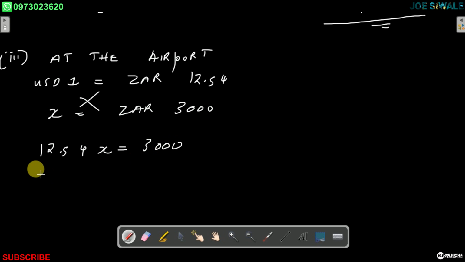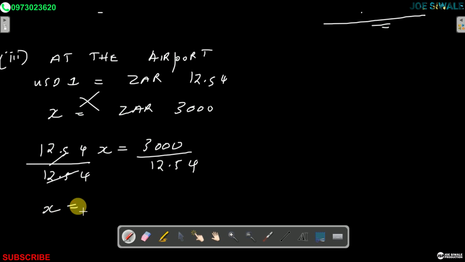So to find the value of X there, we're going to divide both sides by 12.54. So X is going to be equal to, in United States dollars, our answer is going to be 239.2344498.